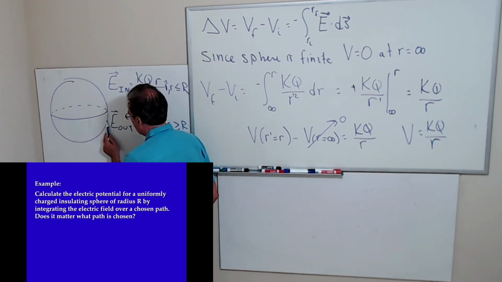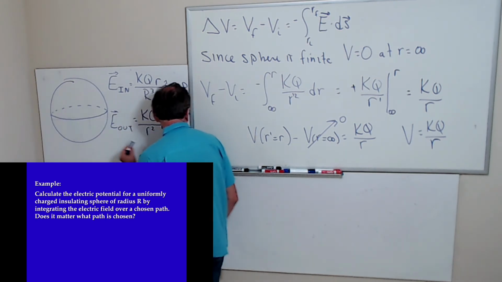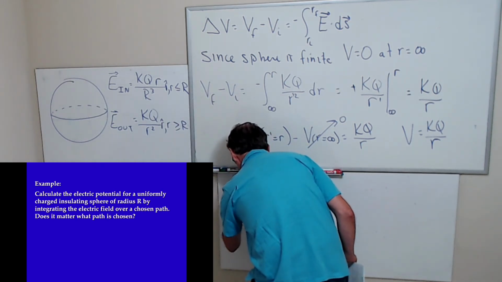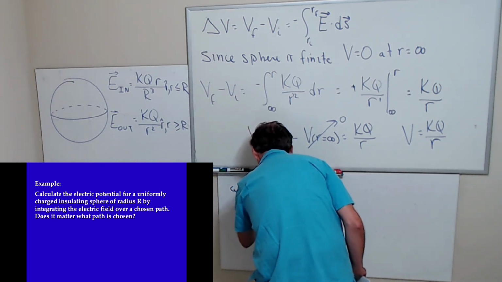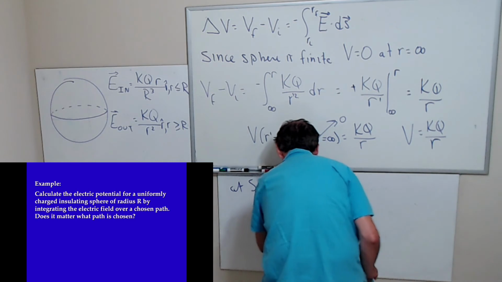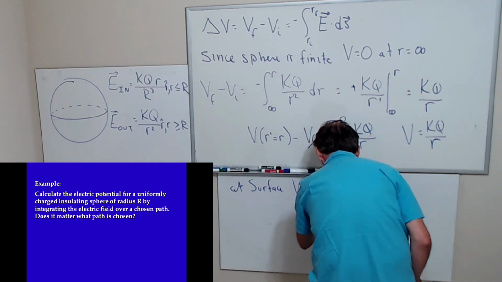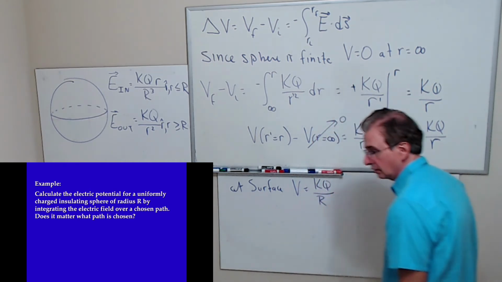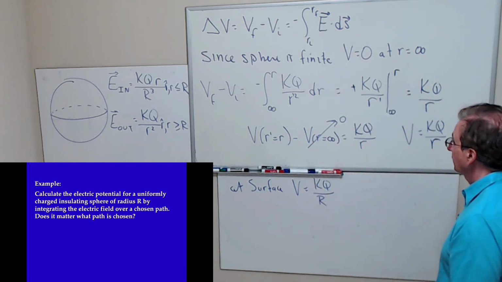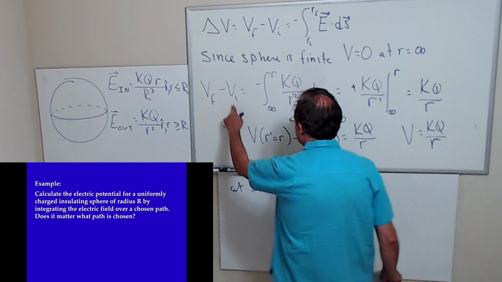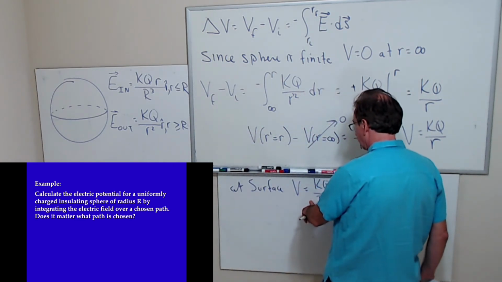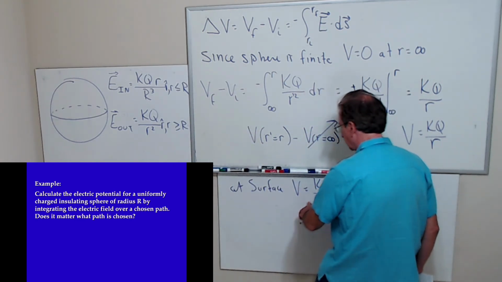I know what the potential is going to be at the surface. At the surface, V is kQ over the radius of the sphere. And so my V initial is going to be the value of the potential at the surface.